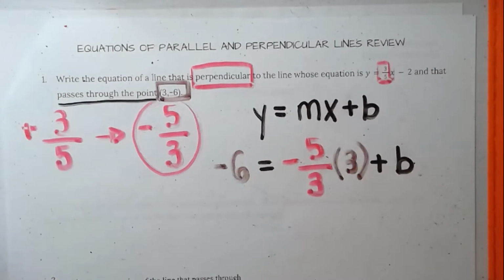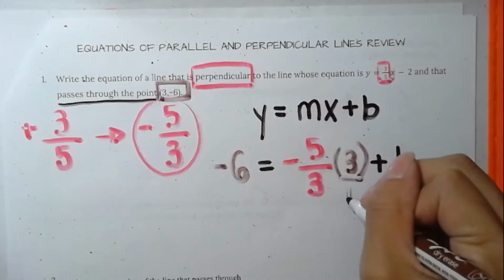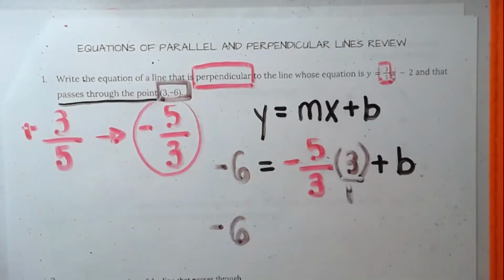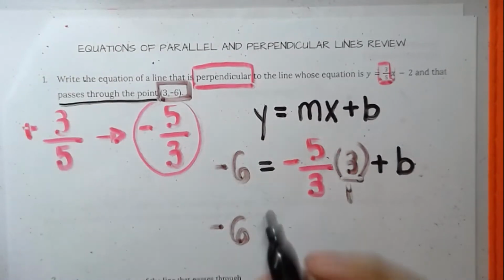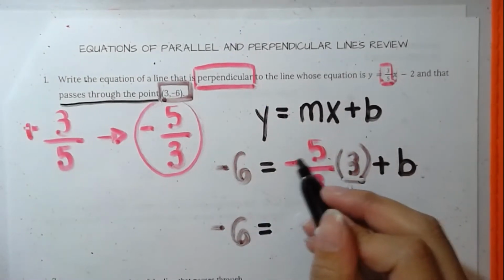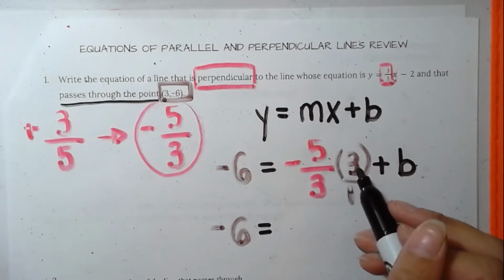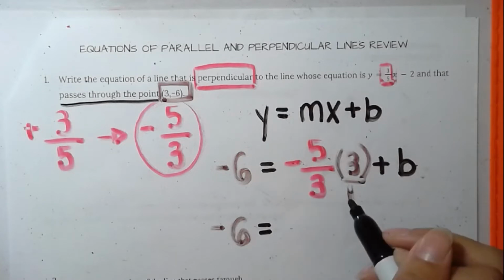Okay, and now we're just solving for b, our y-intercept. So let's go ahead and solve for b. Here, I know that I can put a 1 underneath here. And I'm going to have negative 6 is equal to, well, negative 5 times 3 is really negative 15, and 3 times 1 is 3.